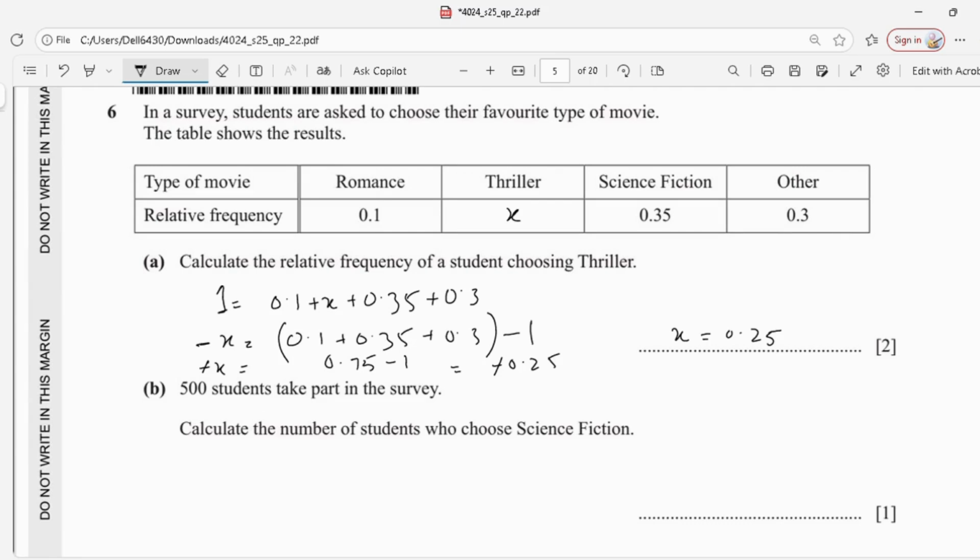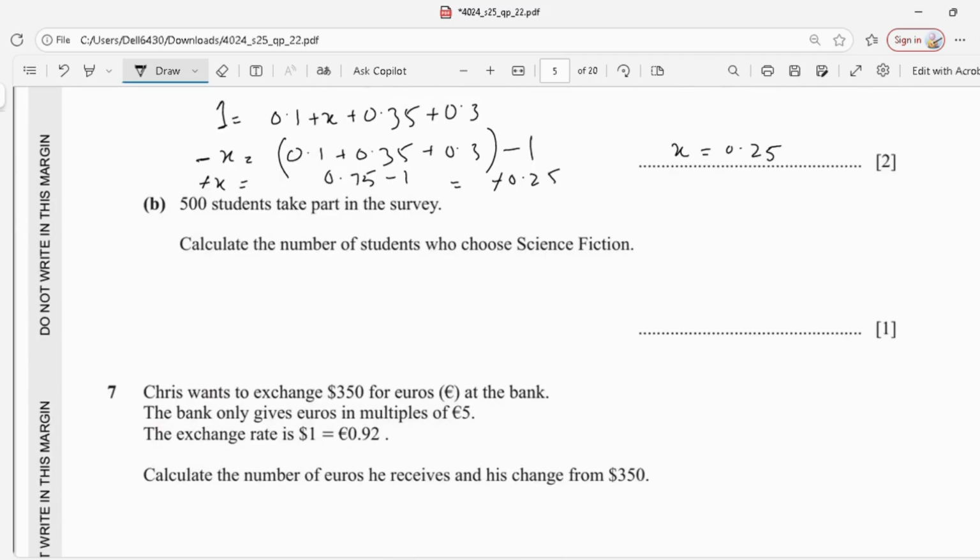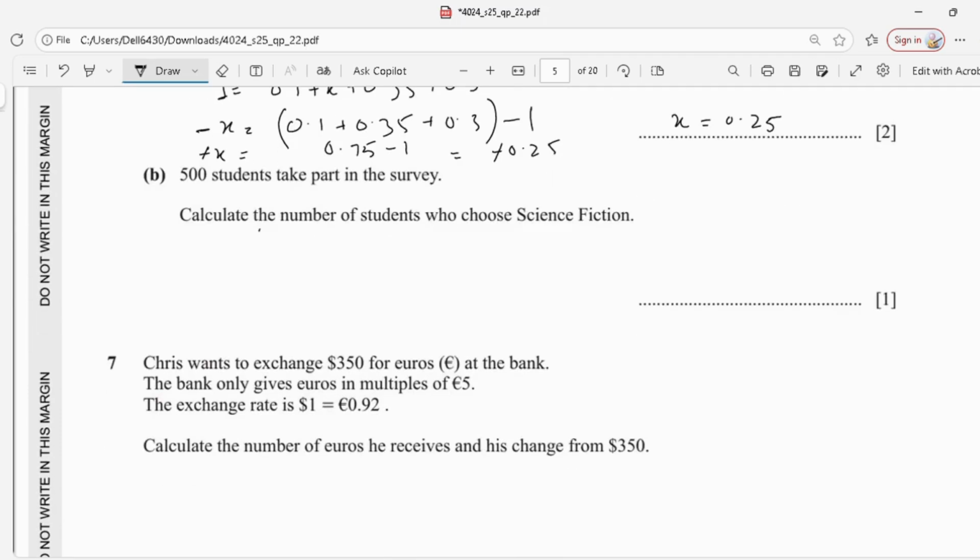Now the B part is, 500 students take part in the survey. Calculate the number of students who choose science fiction. Since we know the formula that relative frequency is equal to f upon n, and we know the relative frequency, 0.35, and n, that is 500, we have to find the frequency, the number of students.